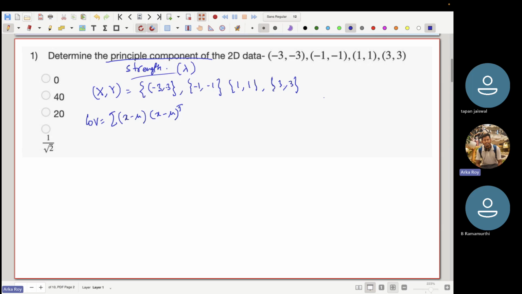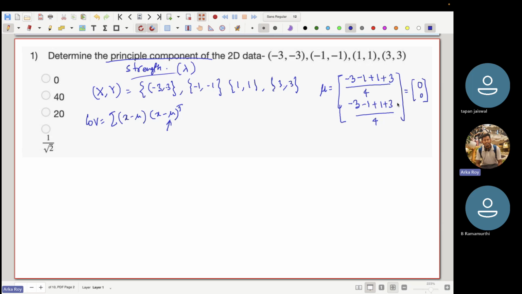Let us now find mu, that is the mean of the data points. For both the x and y directions we have to calculate mu. So -3 -1 +1 +3 divided by 4, and then again -3 -1 +1 +3 divided by 4. The mean is 0, it's zero-mean data.